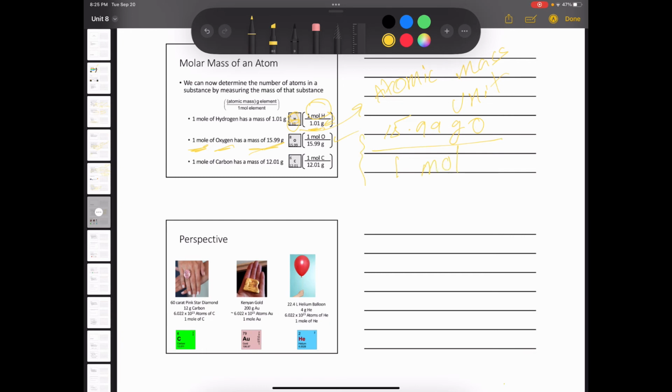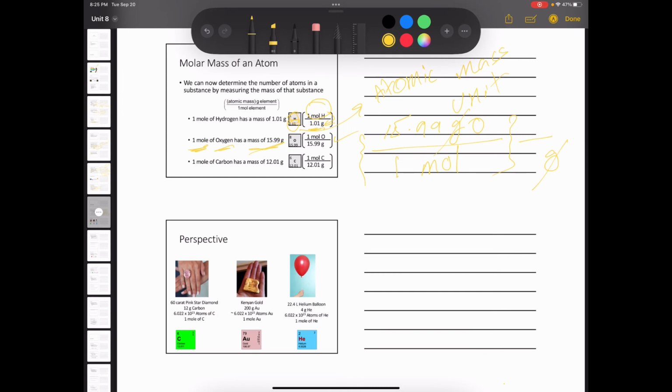The way to write this conversion factor really depends on the process of your conversion and what you are trying to convert to. So if you're trying to convert to moles, for example, you'll have to cancel the grams. If you're trying to convert to grams, then the grams will be in the bottom and the moles will be up there, so you can cancel out the moles, and so on and so forth.